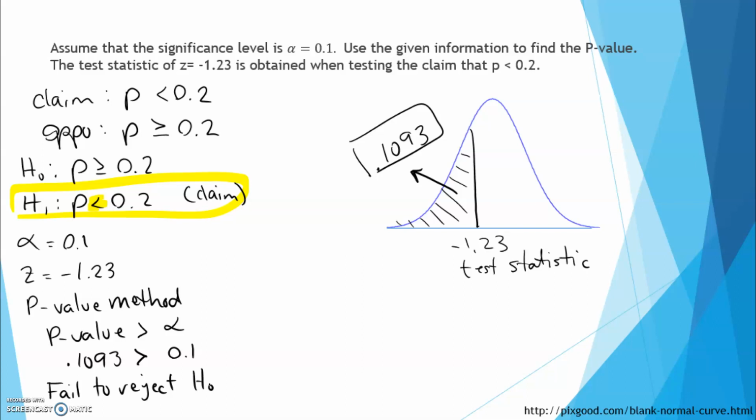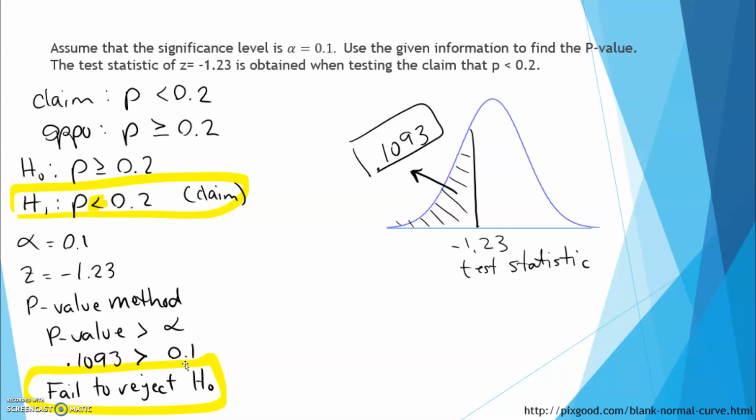Okay? Step 8 is saying put everything back into English so everybody can understand. So we said that we are going to fail to reject H sub 0, which means that we are keeping H sub 0, but we're rejecting H sub 1, which was the claim, so we're really rejecting the claim.